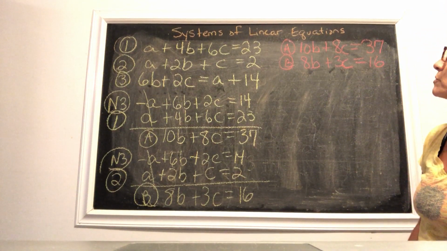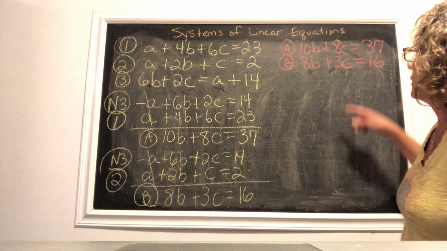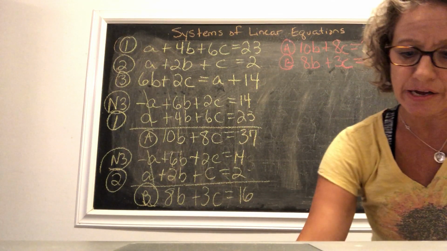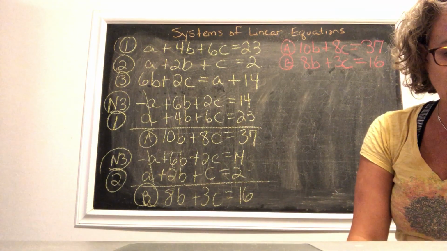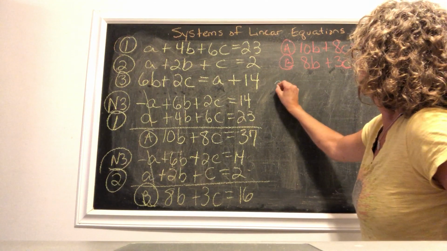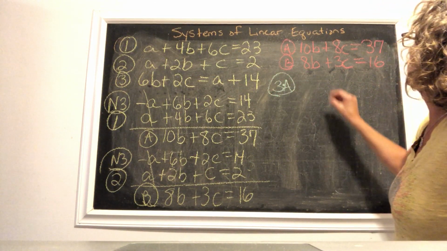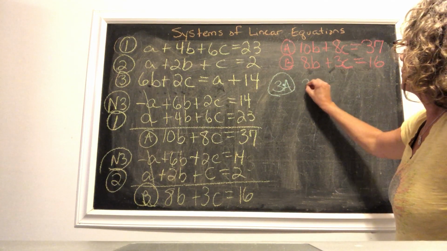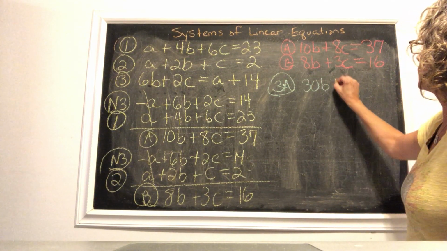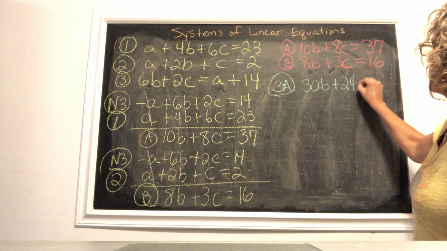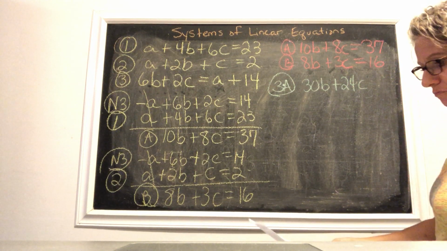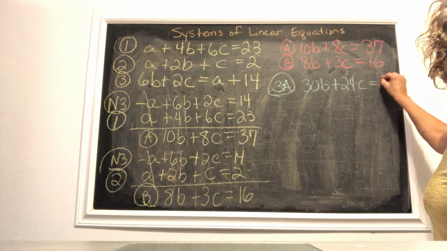So I'm going to go with the smaller one, and I'm going to take equation A, and multiply it by 3. So I'm going to write 3A, or 3 times A, and that's going to become 30B plus 24C equals 111.